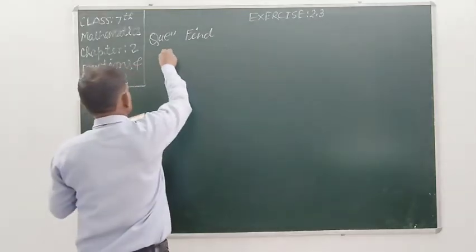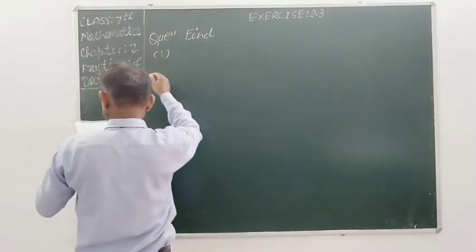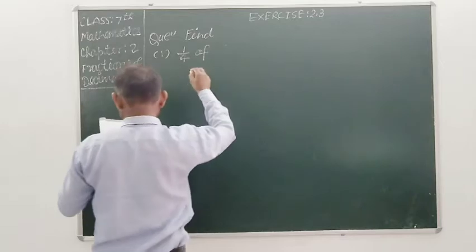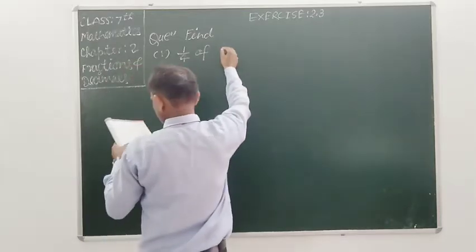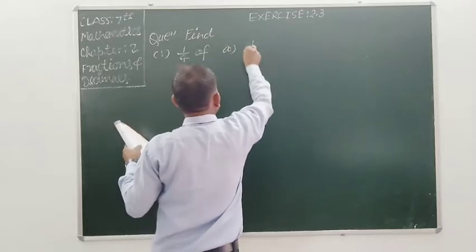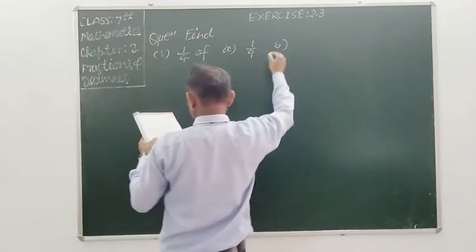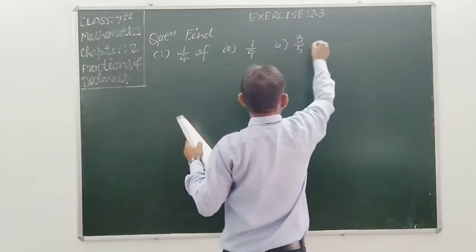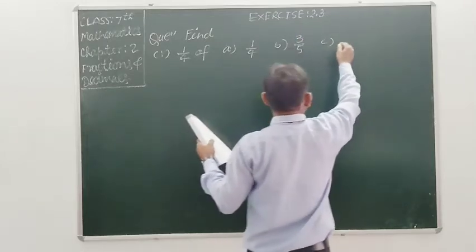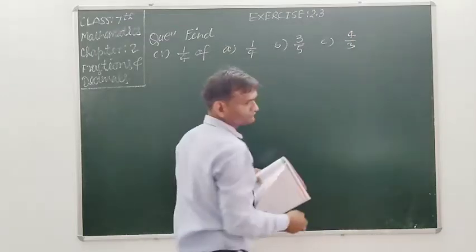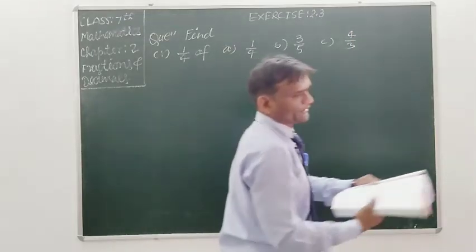So the first part, student, is saying 1 upon 4 of: A, 1 upon 4; B, 3 upon 5; C, 4 upon 3. This is the question, student.